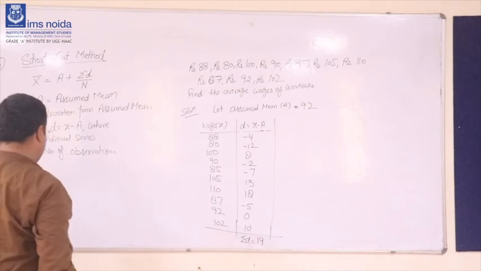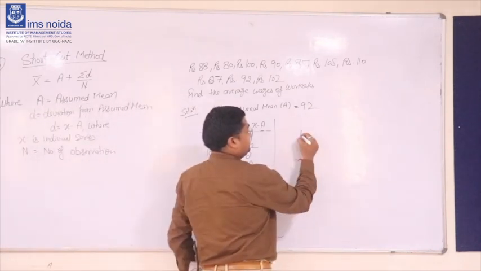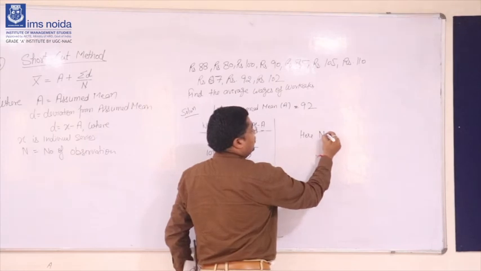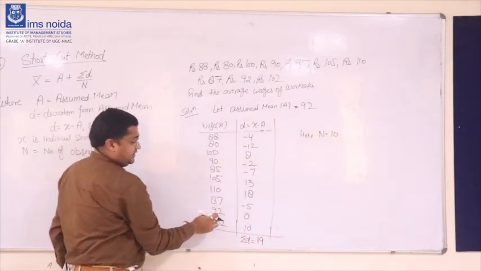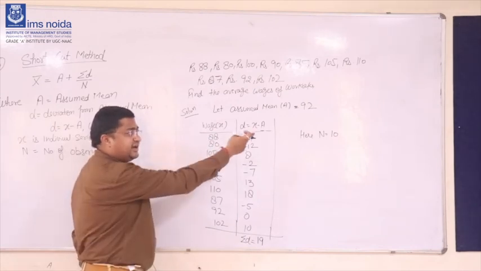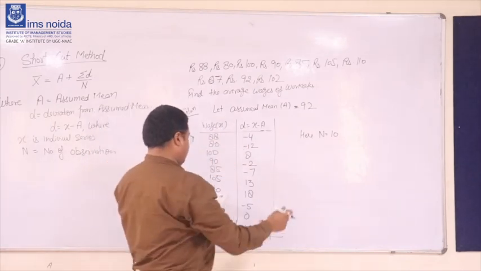Here N is equal to 10: 1, 2, 3, 4, 5, 6, 7, 8, 9, 10. The total number of observations is 10.